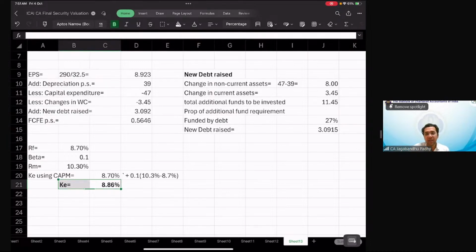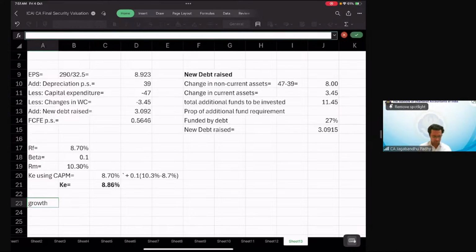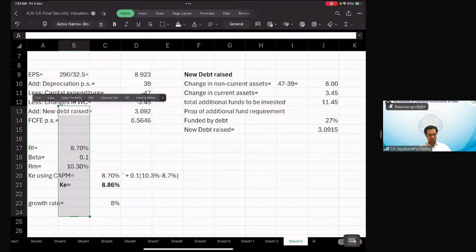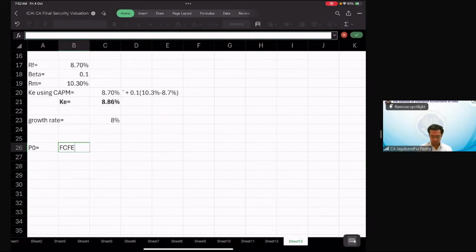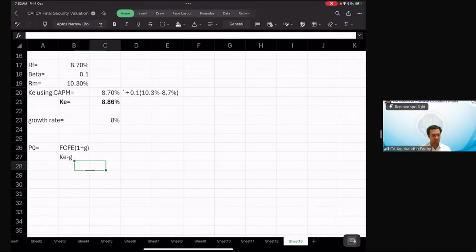Now, since we have the KE as 8.86%, what can we say about the value of the share? Of course, it's going to grow constantly at the long run growth rate, which is anyway 8%. So P0 will be equal to FCFE multiplied by 1 plus growth rate, because we are assuming that FCFE belongs to the previous year, divided by KE minus growth rate.